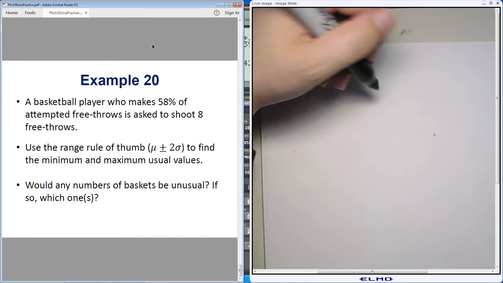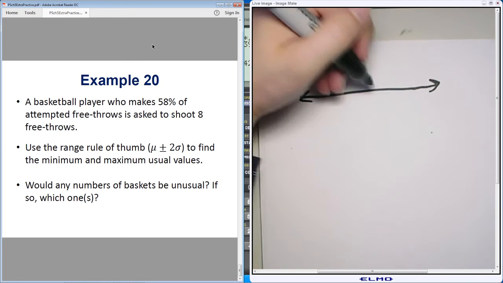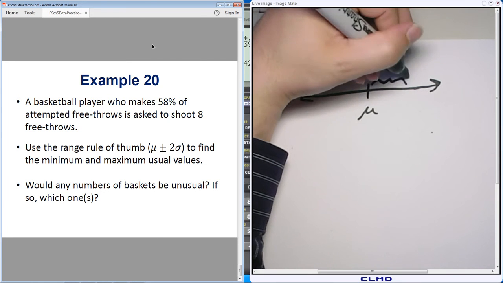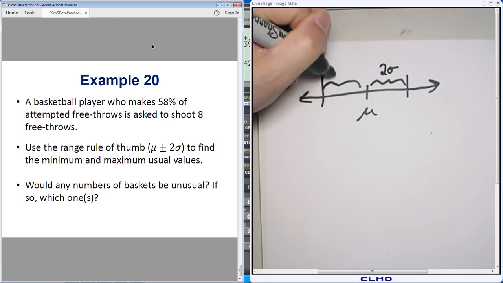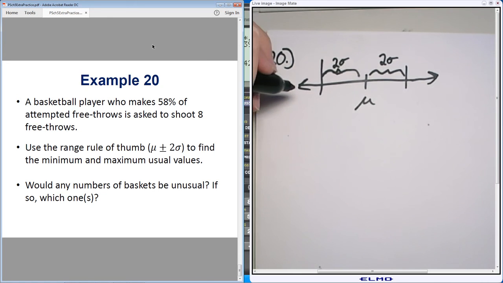I like to draw a number line for these, so I will. Range rule of thumb, the mean is in the middle. We're going to go 2 standard deviations above and make a fence, and 2 standard deviations below and make a fence. Now, if only we knew the standard deviation and the mean.